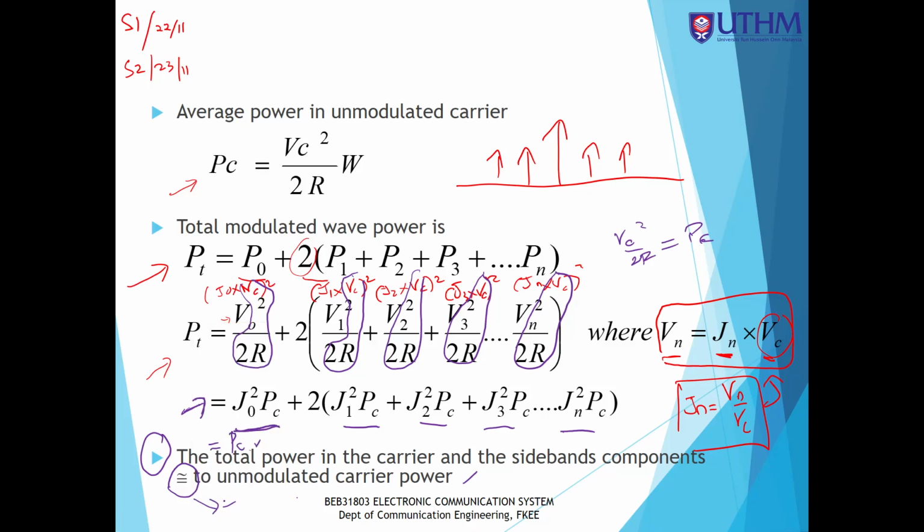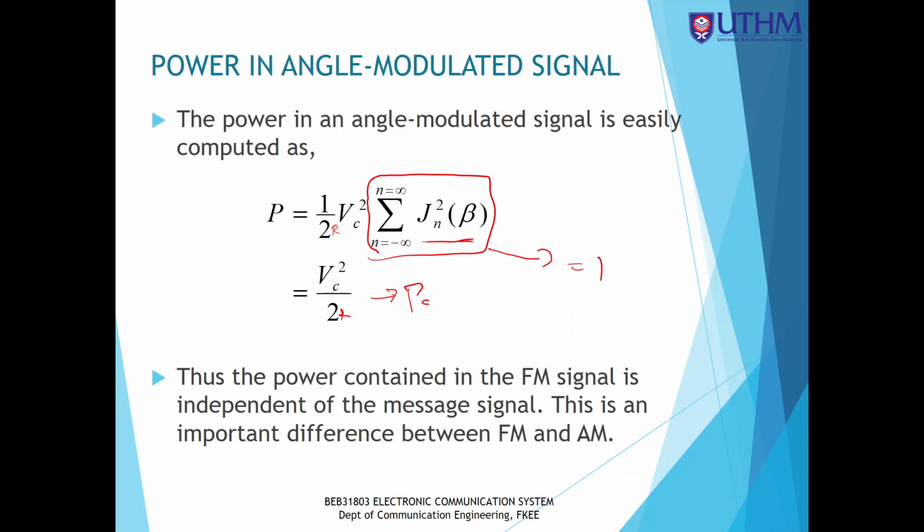Why in the notes does it say approximately? Kenapa dalam nota ini dikatakan approximately? Because remember, theoretically the total power is equal to the Pc. Theoretically, because we have seen about this.